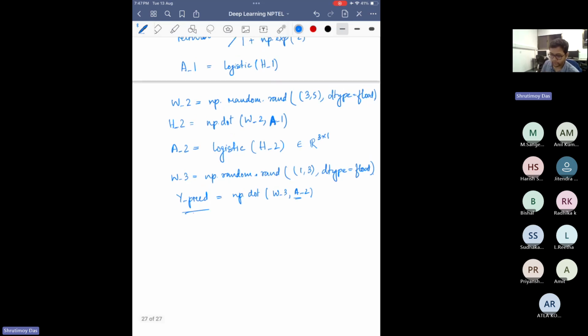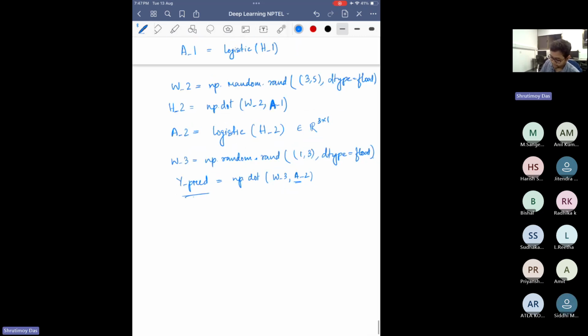We have to define the loss. So let me write a function for the loss. I will name it MSE loss, and I will give it the true labels, say y, and our predicted labels.